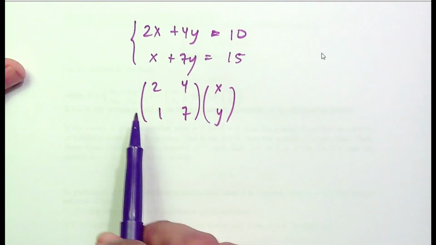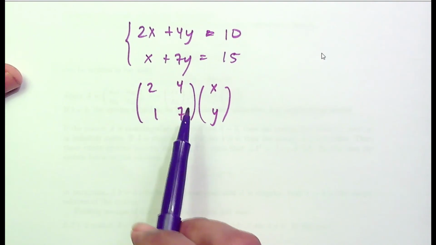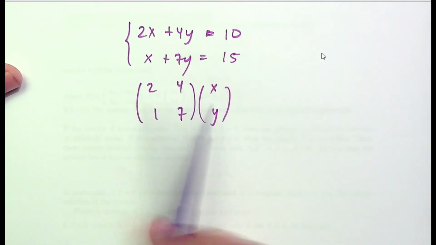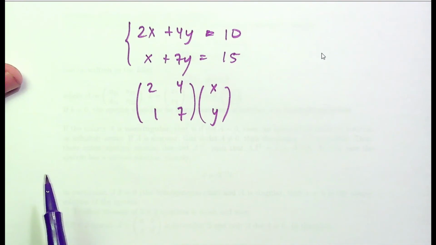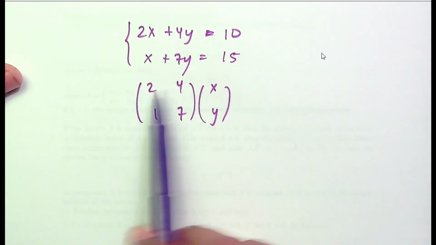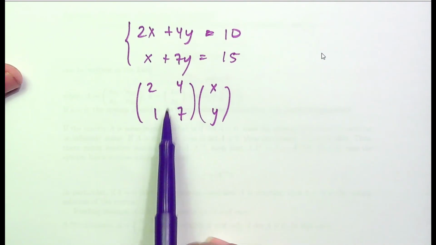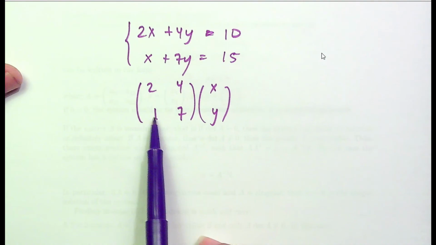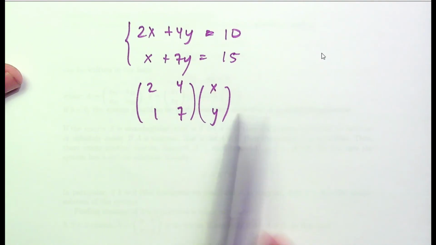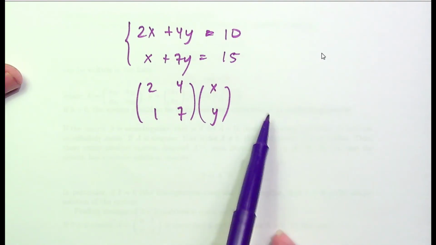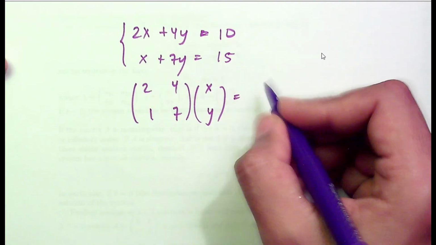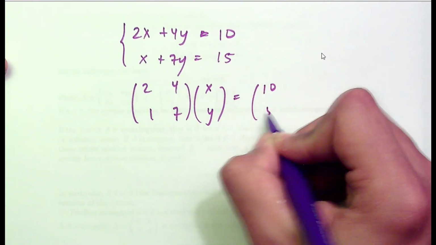Note that the left hand side is exactly the same thing, because if you multiply this matrix by that vector, you get 2x plus 4y on the top entry, and 1x plus 7y on the bottom entry, equals 10, 15.